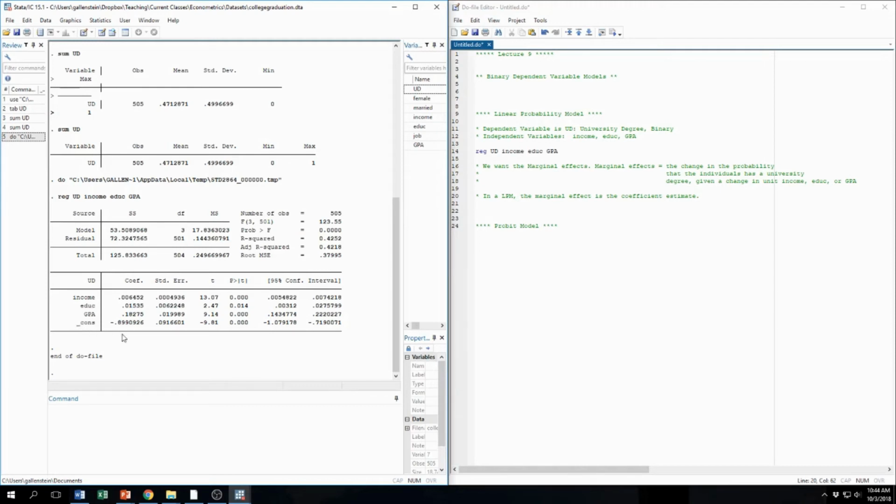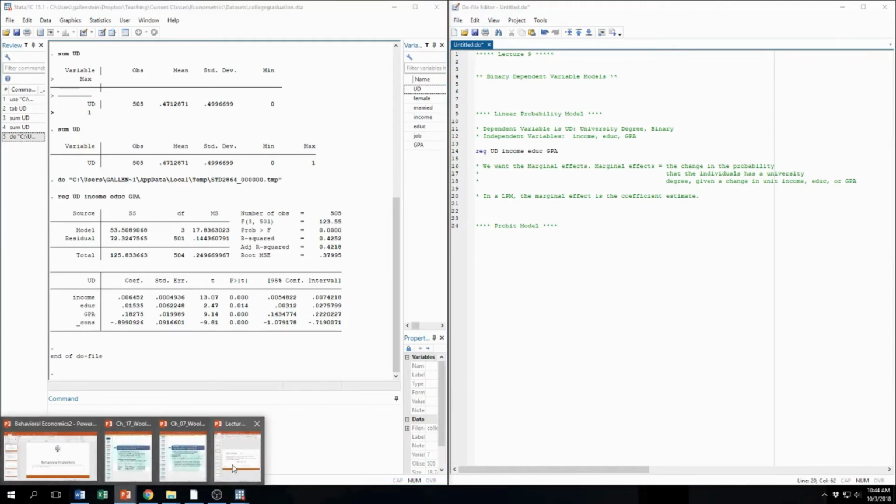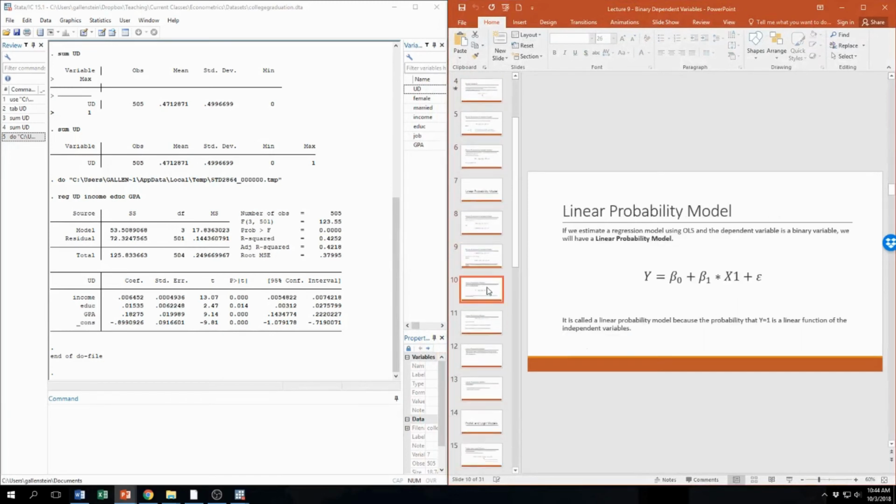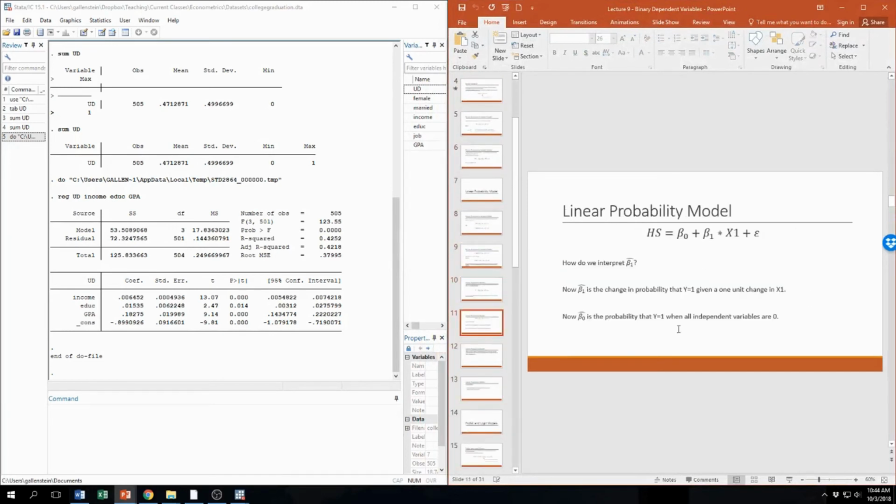Now, I mentioned that beta 0, let's go back to that. Beta 0 is the probability that the dependent variable equals 1 when all independent variables are 0. So what would that mean? This constant term gives you the probability that an individual will have a university degree if their GPA is 0, and their parents have no education, and their parents have no income.